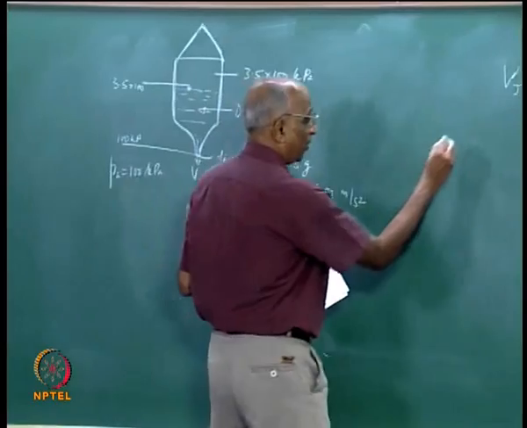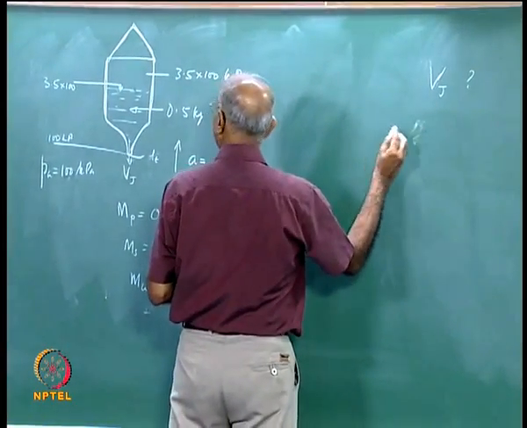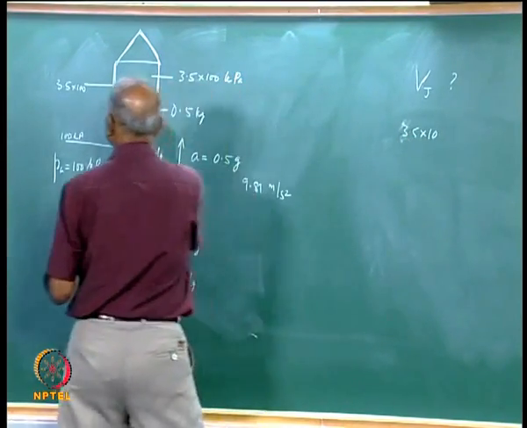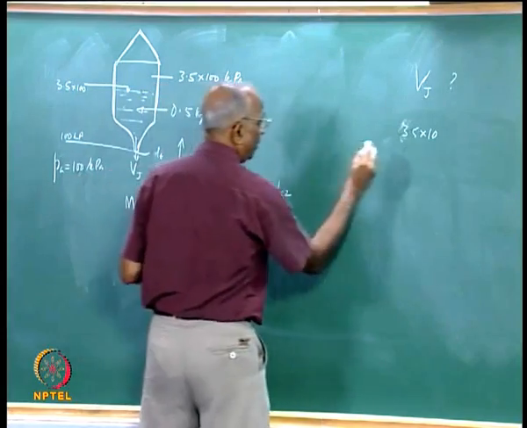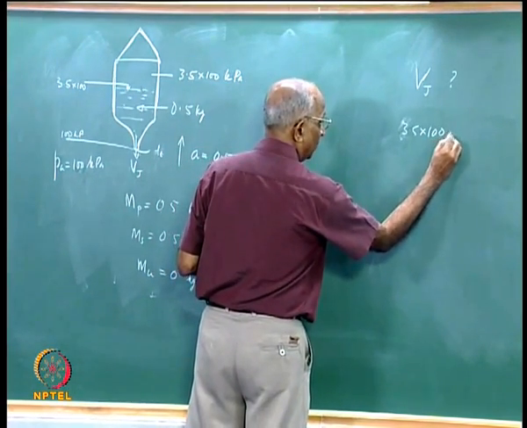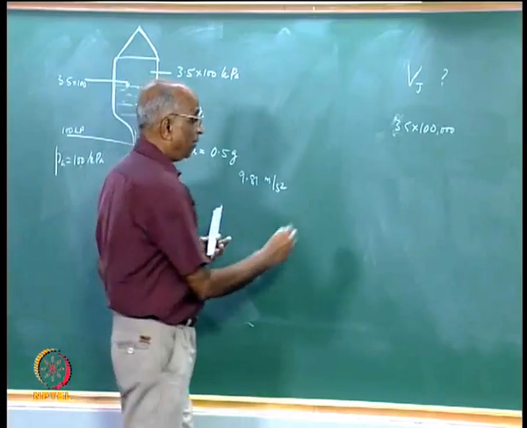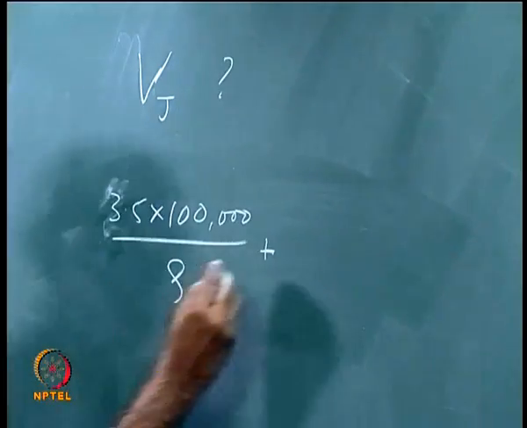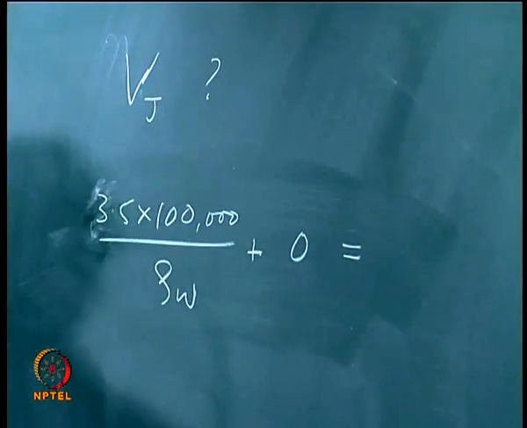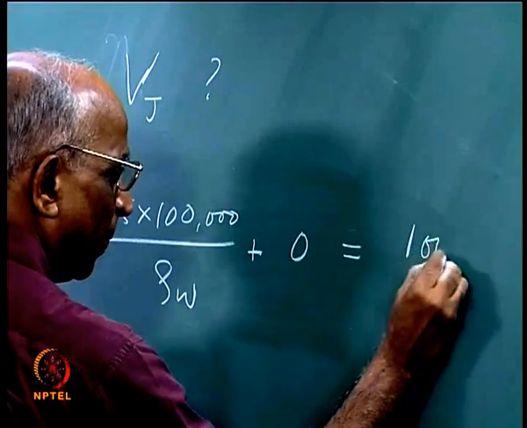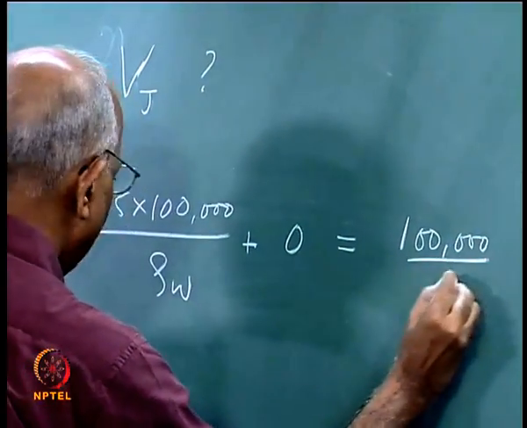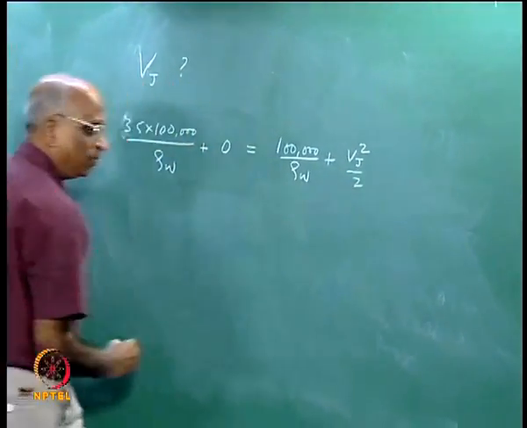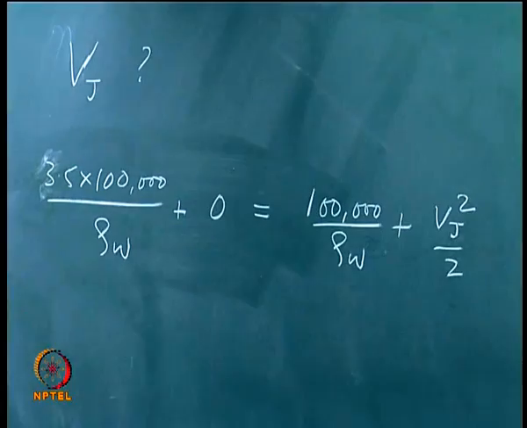I have pressure on top, which is equal to 3.5 into 100 into 1000 Pascal divided by the density of water, plus, this being a large diameter, the velocity is 0, therefore velocity squared by 2 is equal to 0, is equal to the one at the bottom, 100 Pascal divided by the density of water plus the velocity with which it is exhausted out divided by 2. Is it all right?